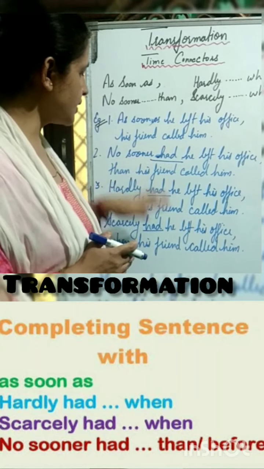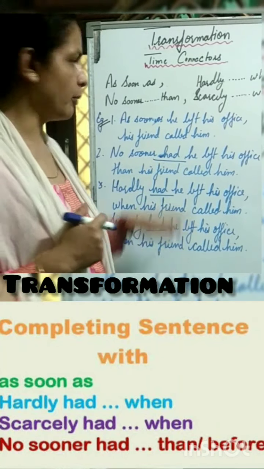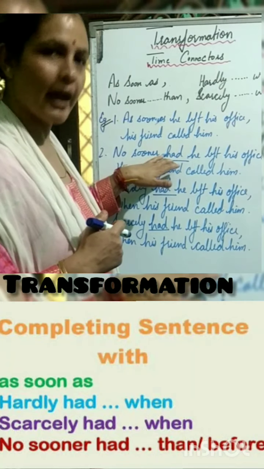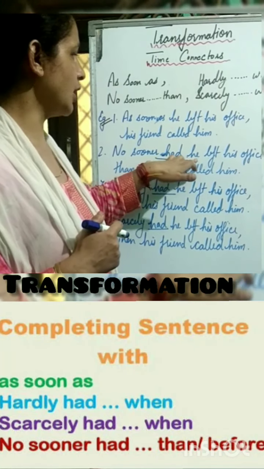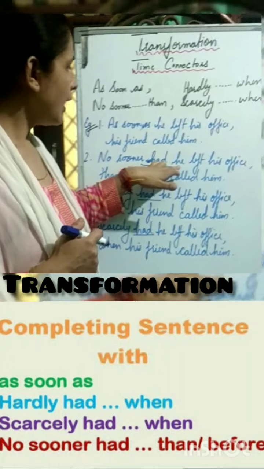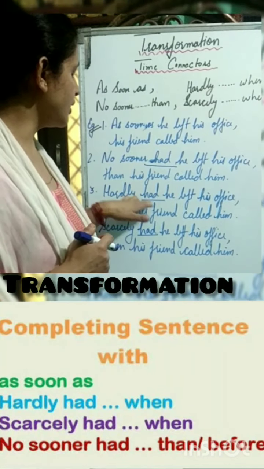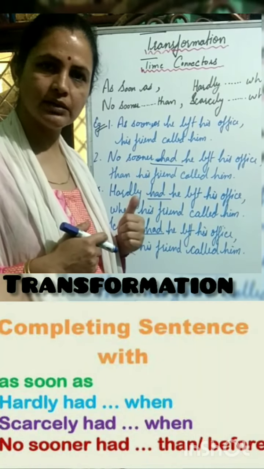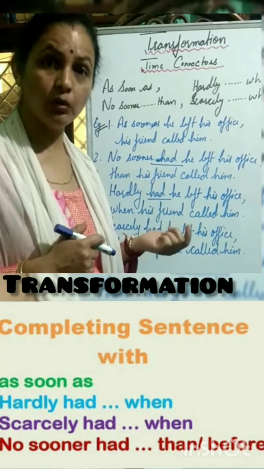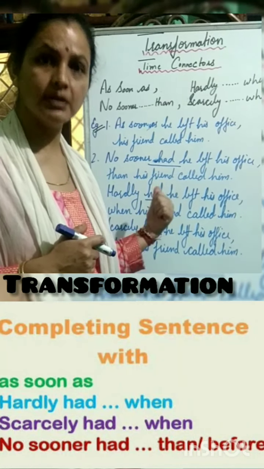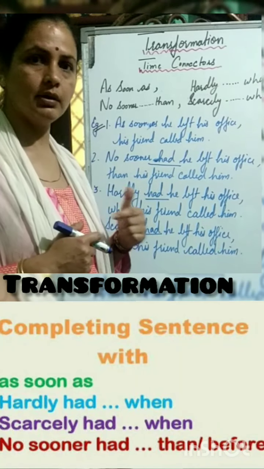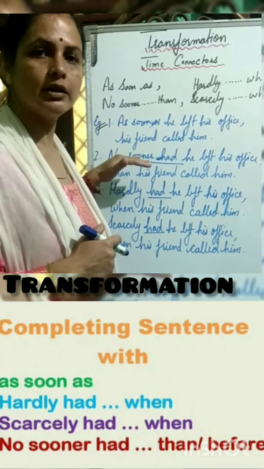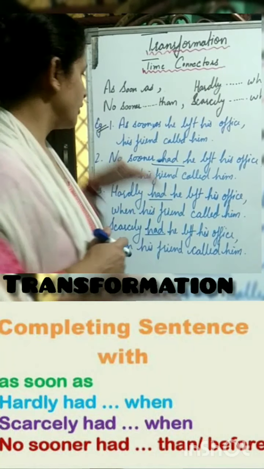Here in these three sentences, one thing is common, that we have used the helping verb had before the subject he. But these are not interrogative sentences. So why have we used this helping verb before the subject? The reason is this, that these sentences are starting with a negative word.